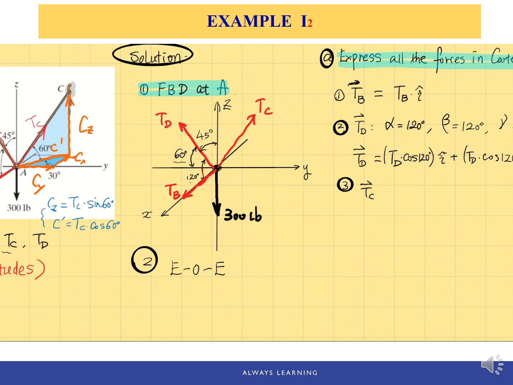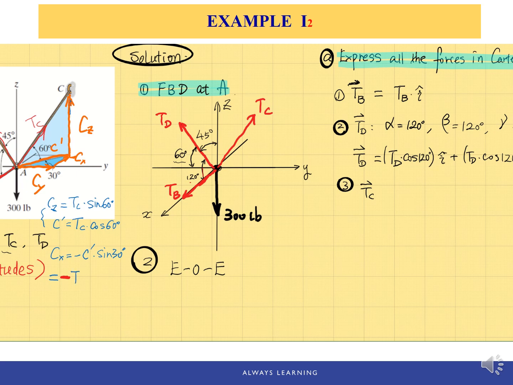And now we move down to the triangle in the xy plane to resolve the Cy and Cx. So Cx is negative C prime times sine 30. So it'll be, actually should be, negative TC.